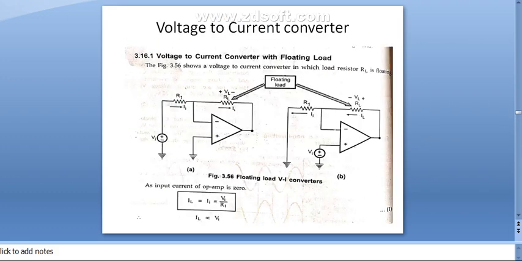So if you see the applications of this voltage to current converter, the applications of the V2I converter are low voltage DC voltmeter, low voltage AC voltmeter, diode tester, and Zener diode tester.